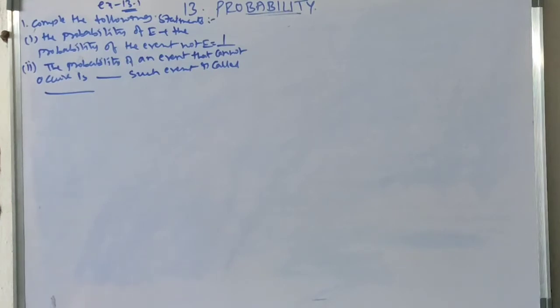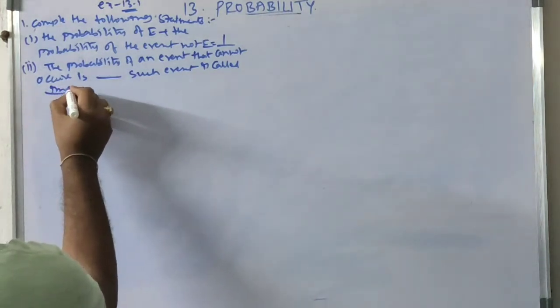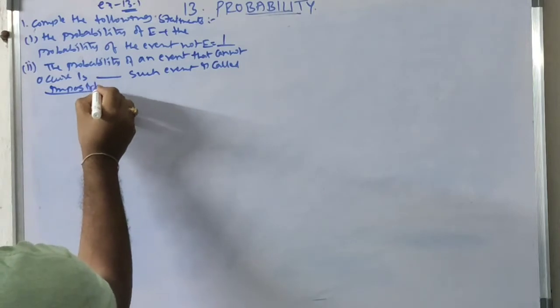Such event is called dash. An event that cannot occur is called an impossible event. The probability is equal to 0. Next, third, the probability of an impossible event is equal to 0.